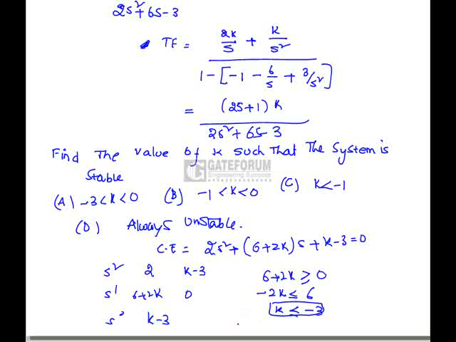This is one condition for stability. K minus 3 should also be greater than or equal to 0, that is k is greater than or equal to 3. See, there is no combined overlapping value of k, hence it's not possible to get the stability of this particular system, hence it is always unstable. Option D is correct.